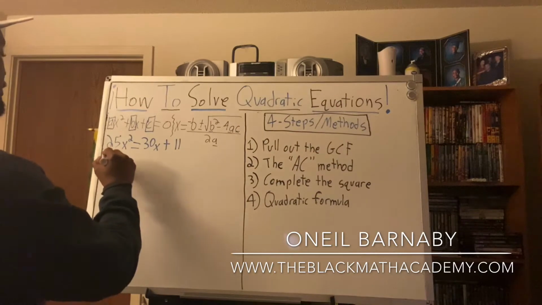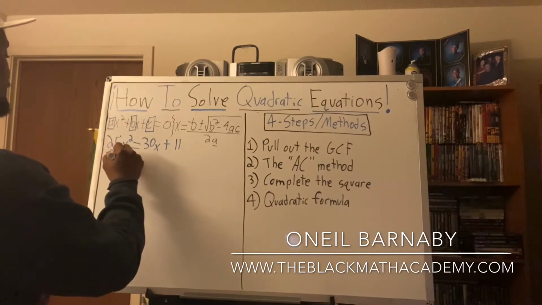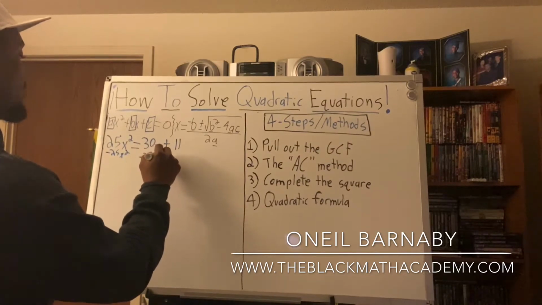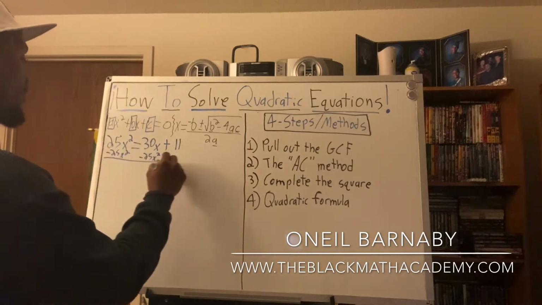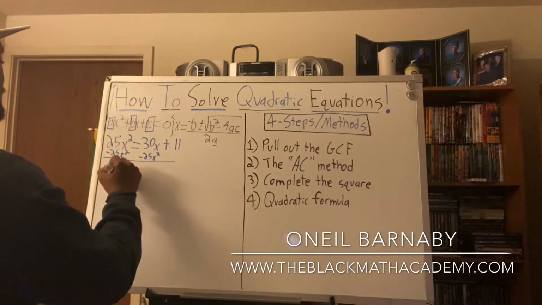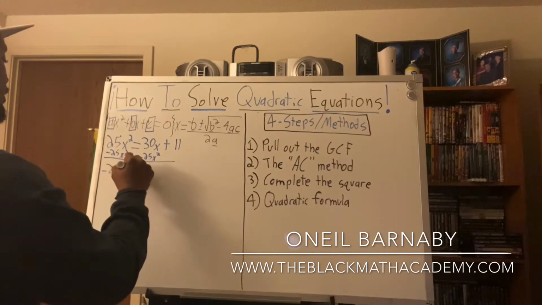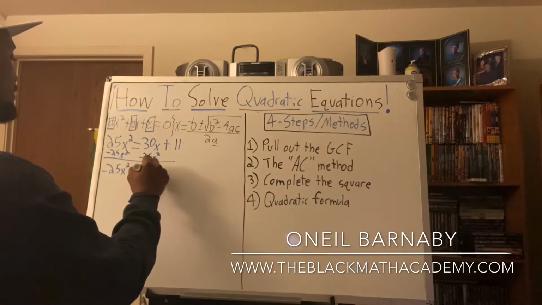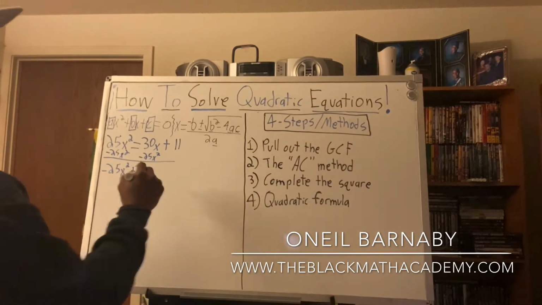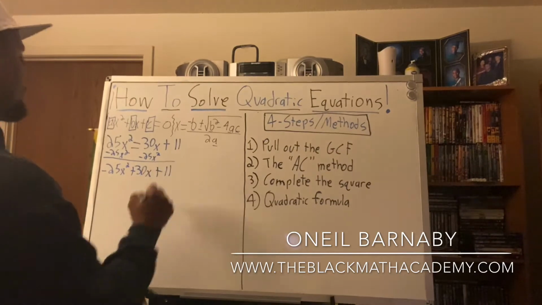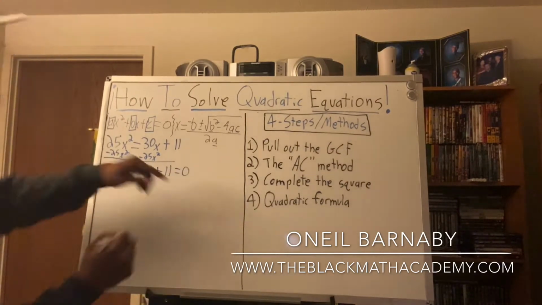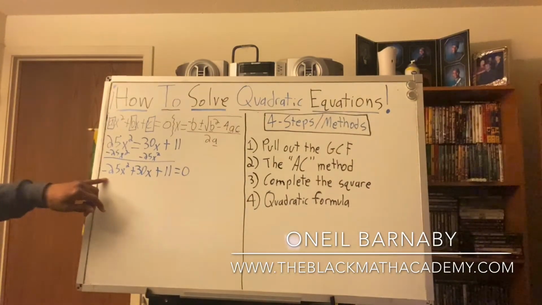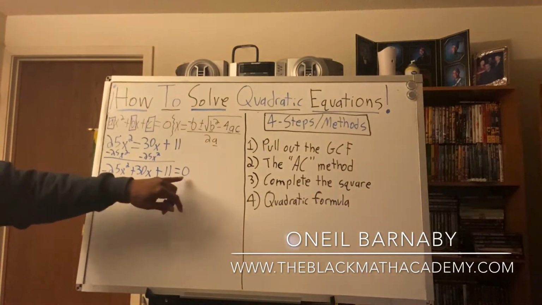So subtract 25x squared from both sides. What you get is negative 25x squared plus 30x plus 11 equals 0, even though it should be on the other side. But regardless, here's our equation: negative 25x squared plus 30x plus 11 equals 0.